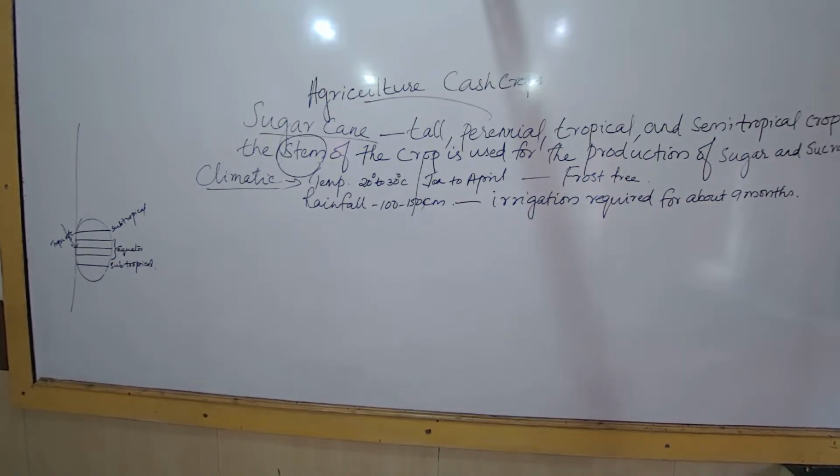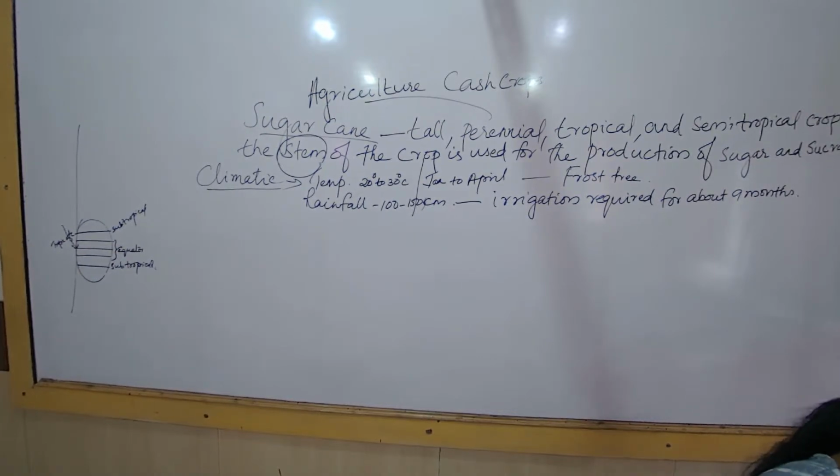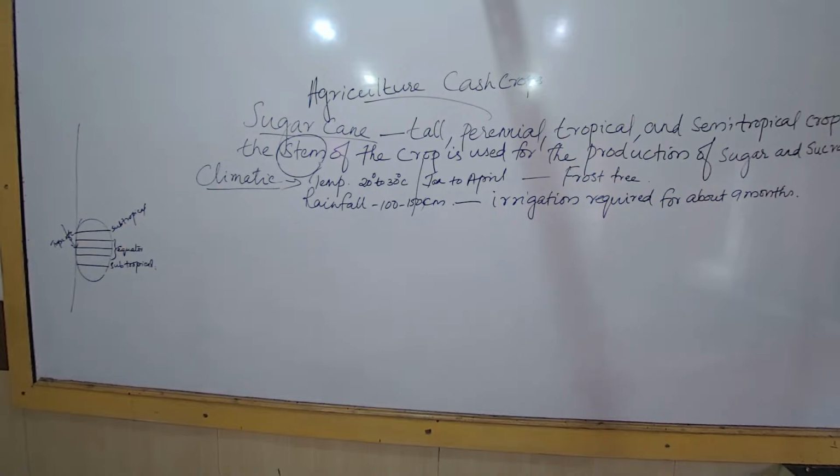Paddy is growing in water, mangroves. That type of water is not required. It requires irrigation, means the soil water presence is required, and that can be tapped. So it cannot be grown in that flooding water. Got it? What are the climatic conditions?